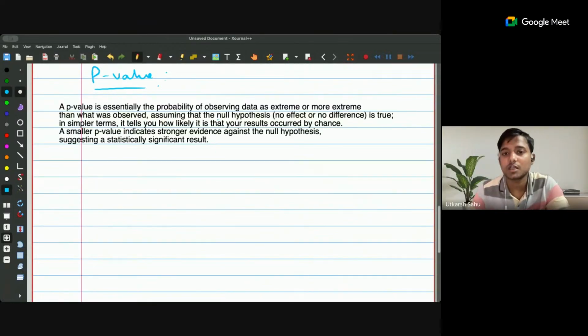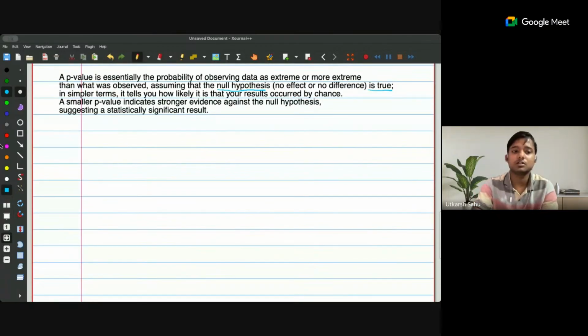This is very important. You assume null hypothesis is true. So p-value is basically the probability of observing the data given null hypothesis is true, right? And in simple terms, it tells us how likely it is that our results occurred by chance. Okay, so the higher our p-value, that's an issue for us because that is telling us it is coming from that part.